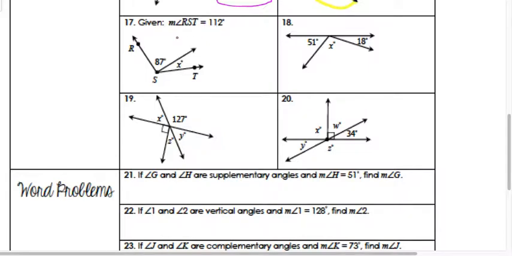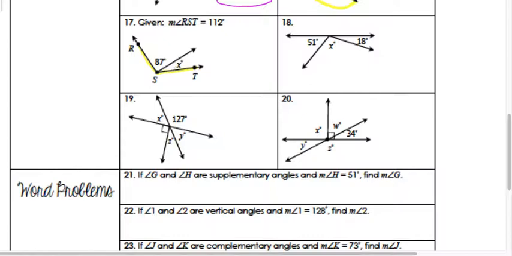So it's telling us that from here, here, and here, and I'm going to highlight that, RST is equal to 112. All right? And it's given us a piece. It's saying 87. This right here, with this side that we're dealing with, which is the adjacent, we've got 87. So you've got to figure out the missing piece.